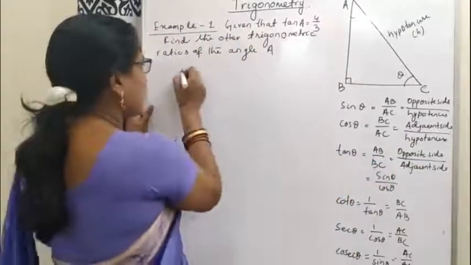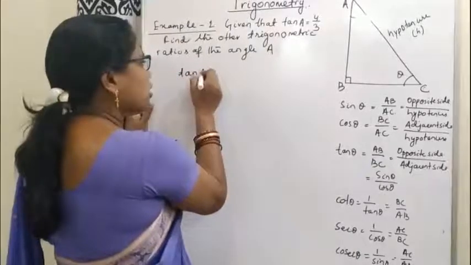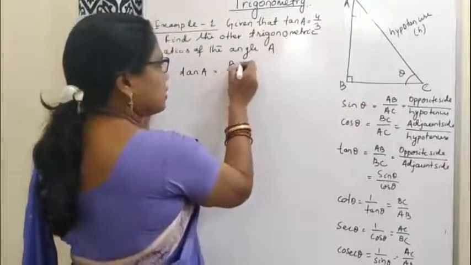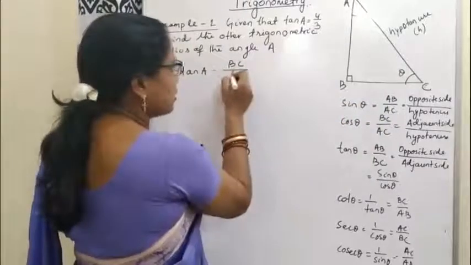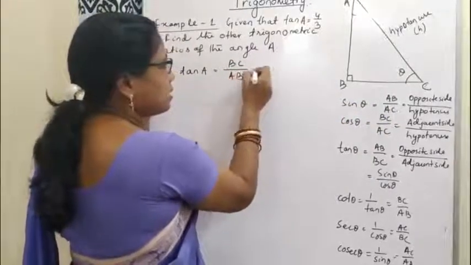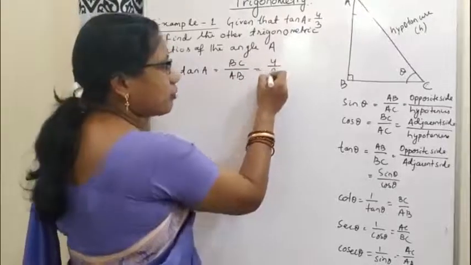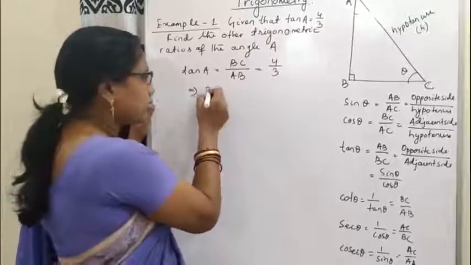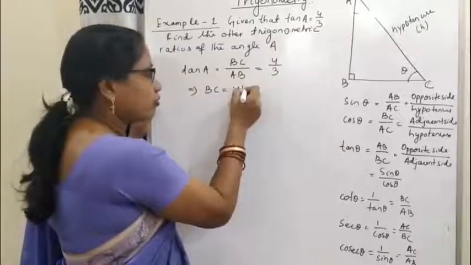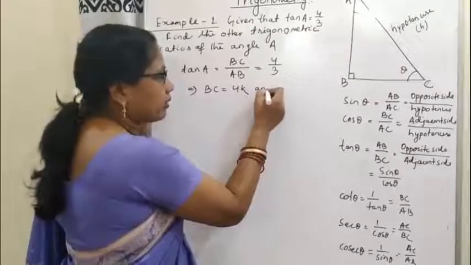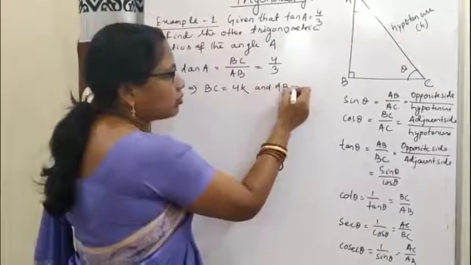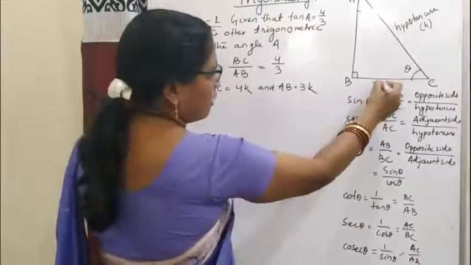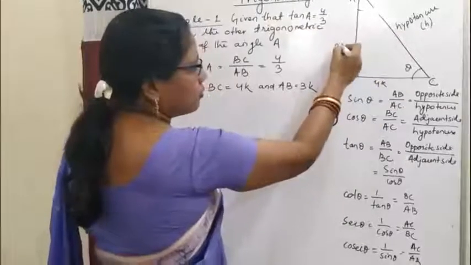For angle A, the opposite side is BC and the adjacent side is AB. So BC by AB is equal to 4 by 3. From this ratio we can write that BC is equal to 4K and AB is equal to 3K.